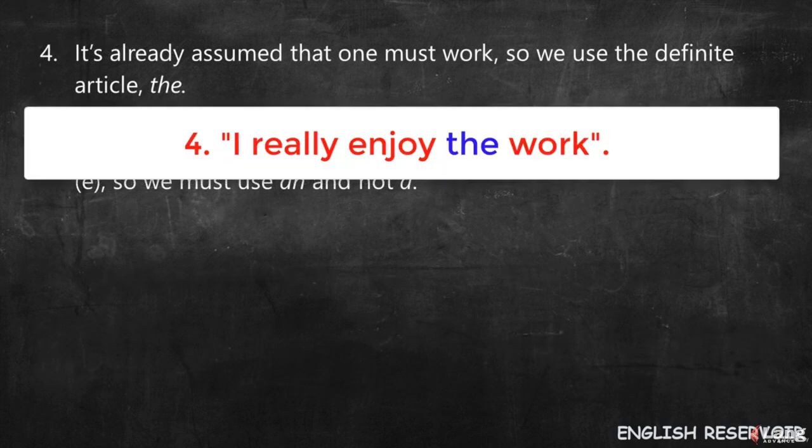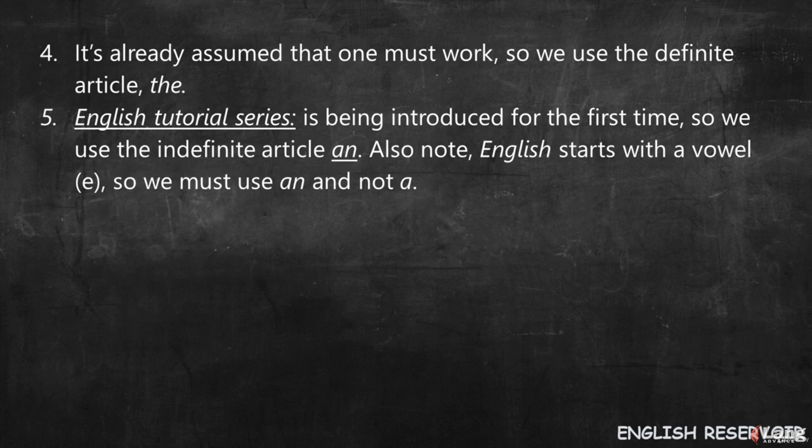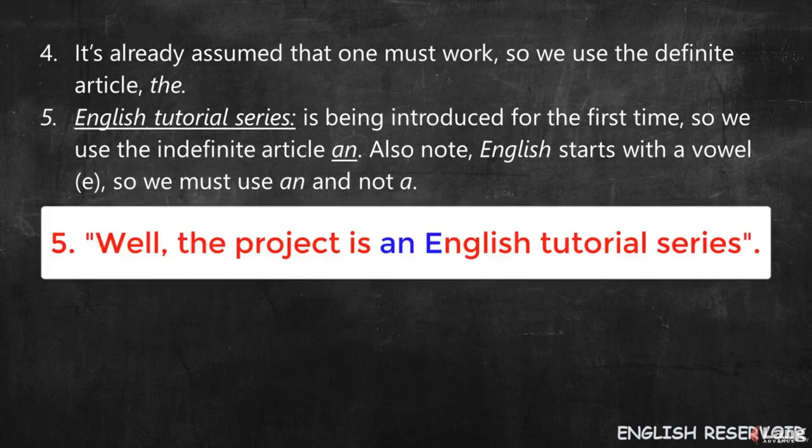It's already assumed that one must work, so we use the definite article the here. 5. English tutorial series is being introduced for the first time, so we use the indefinite article an. Also note, English starts with a vowel, E, so we must use an and not a.